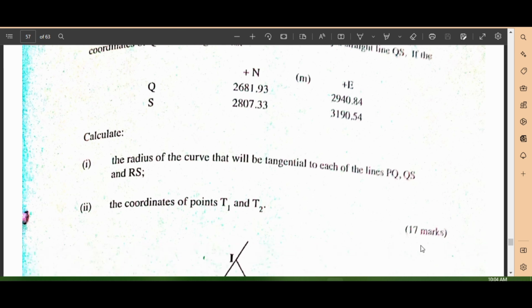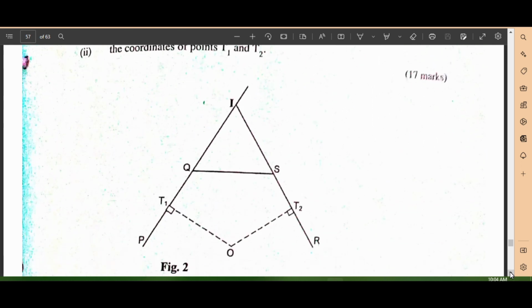This was a total of 17 marks, and they had combined it. This is a curve ranging question, but they have also gotten a concept from traversing. They have mixed both, which is interesting, in order for you to understand and to calculate. So here is the diagram.